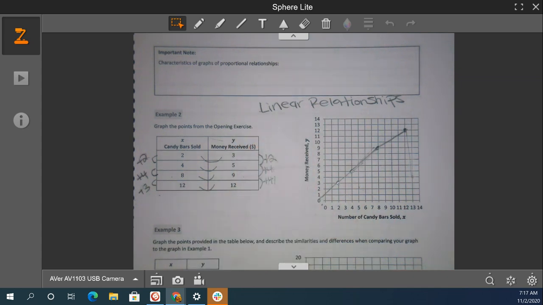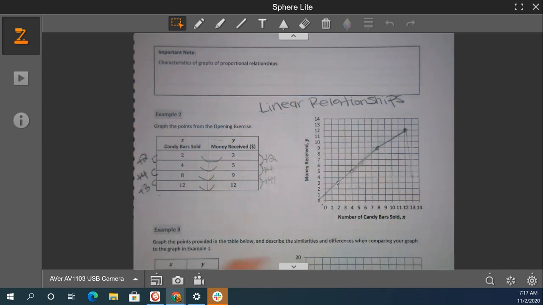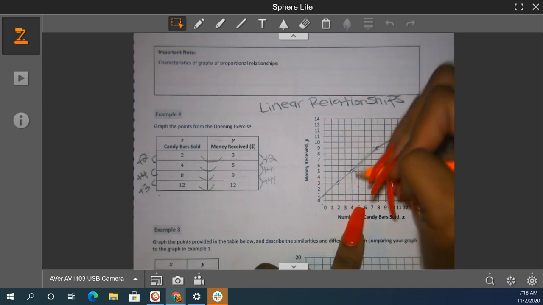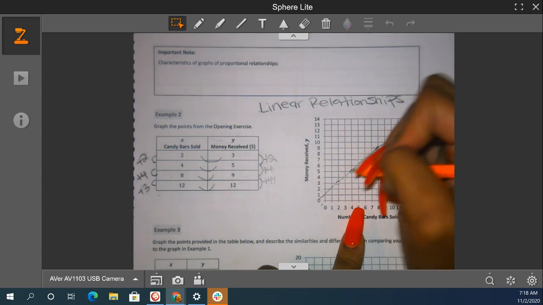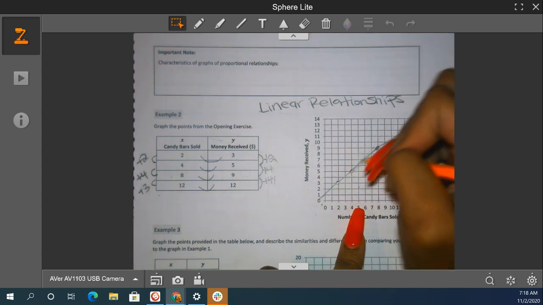So you're probably wondering, what does this graph have in common with proportional relationships? It's a good question because we haven't discussed this yet. What it has in common is that it has a constant rate of change. As you can see, it's continuously going up, so the rate of change is constant.